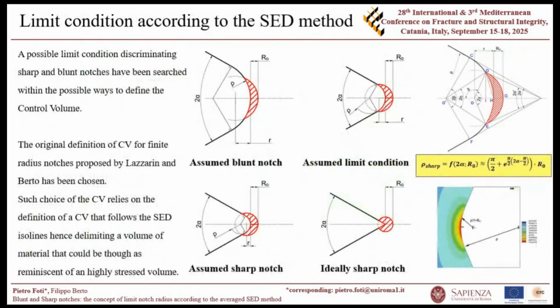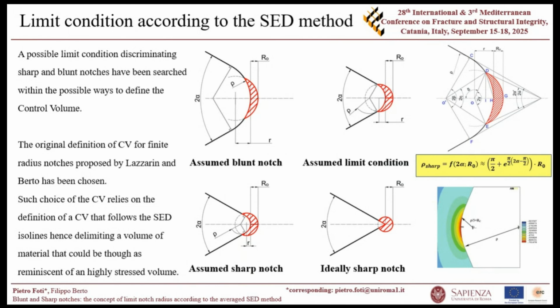Now, the first condition that we wanted to consider as a possible limiting condition to distinguish between blunt and sharp notches was the way the control volume can be defined when dealing with notches having a finite radius. As you can see here, the control volume in this case could assume two different shapes. The first one is ending on the crack edges, while the second one is ending on the part of the notch that has a curvature.